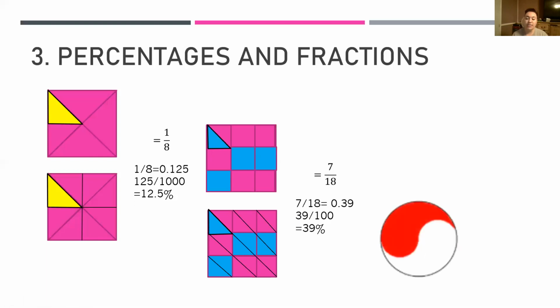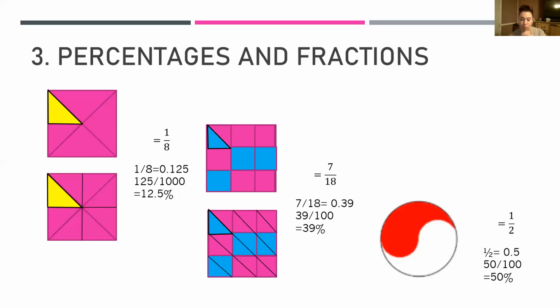Okay, so as you can see here, we have a circle with a red shape in it. Now, the red shape, you can see, is the same as the white shape. So if they're both the same shape, same size inside the circle, then the red is only taking up half. Since there's only 2 pieces, it is only taking up half of the circle.